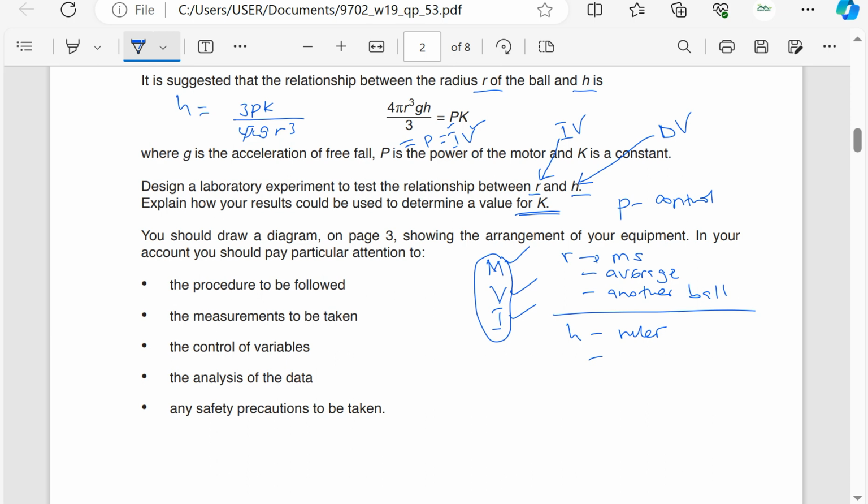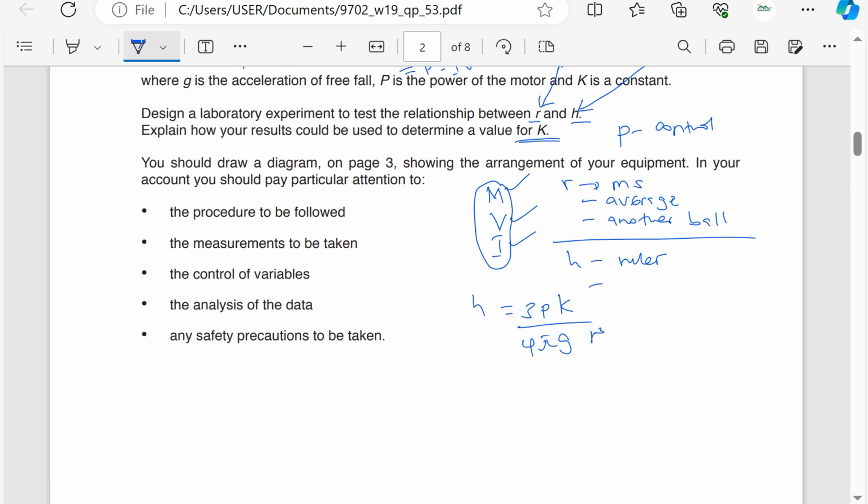So any student who is very smart will easily choose which graph to plot. If I have h equal to 3p over 4 pi g times r cubed, a student who is smart will notice that it is easier for me to plot h versus 1 over r cubed.